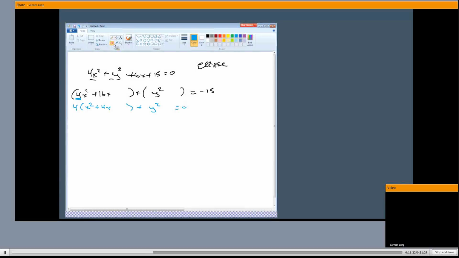If there was a y term in the problem, like a 12y, remember you have to find that number that goes here. So you take your middle term, 4, and find the number that makes a perfect square trinomial.